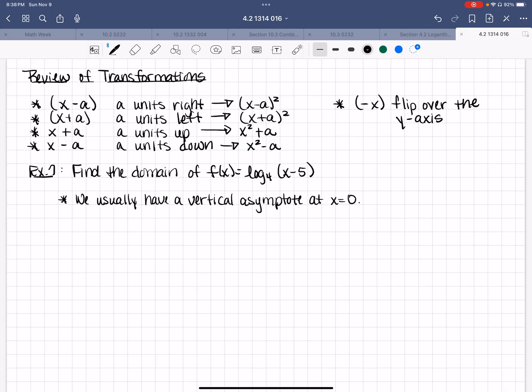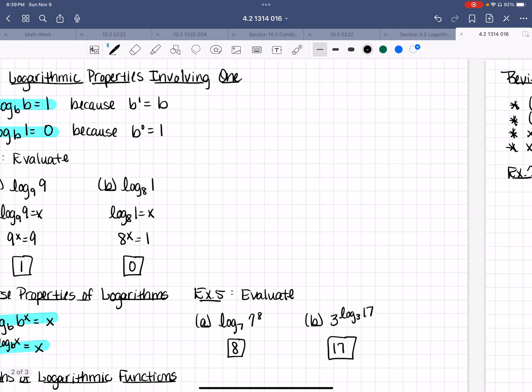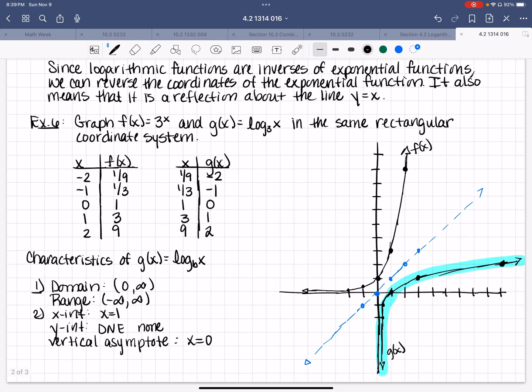If we have something like f of x equals log base 4 of just x, we have a vertical asymptote at x equals 0. And I can put that here if it looks like this. f of x equals log base 4 of x, that's going to be a vertical asymptote at 0. We saw this over here. It was log base 3 of x, but it's going to do the same thing, guys.